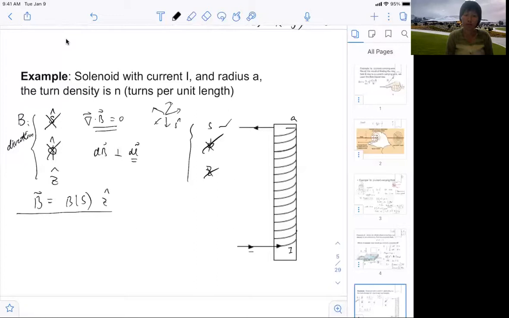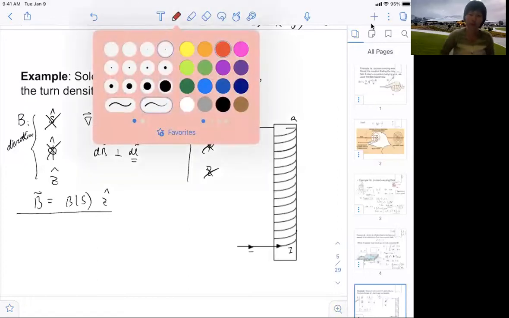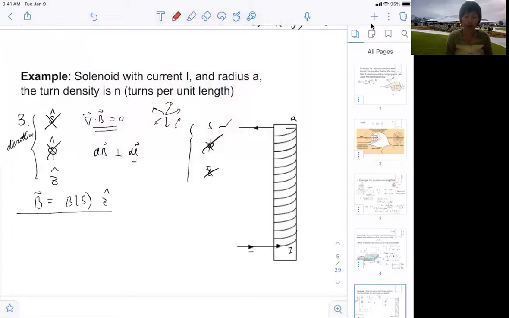Do we want to draw a circle or do we want to draw a rectangle? Rectangle like the one before? Yeah, very good. Okay, so I'm going to draw a rectangle and I'm going to calculate my B outside first.